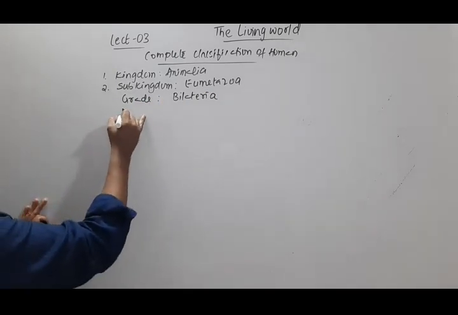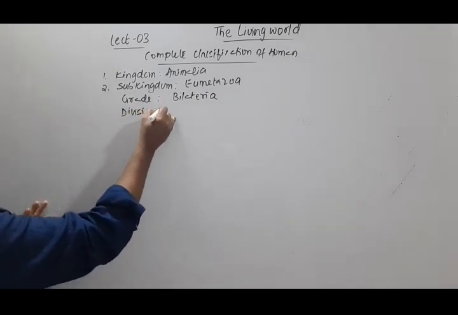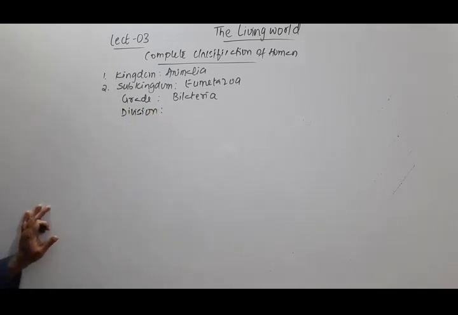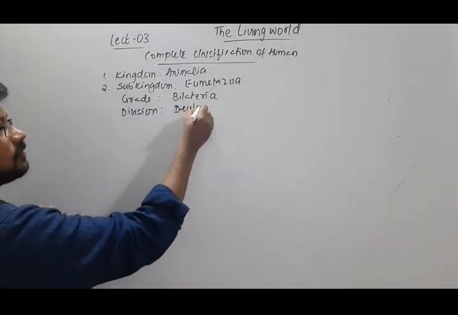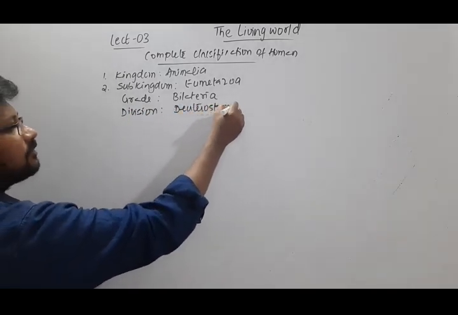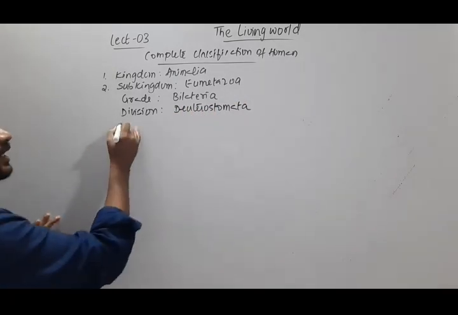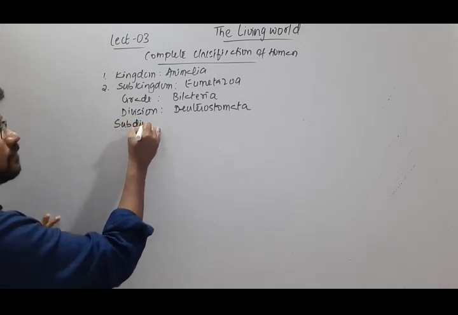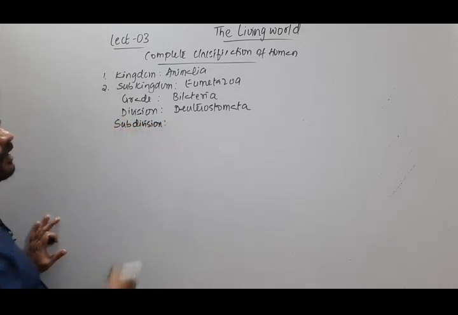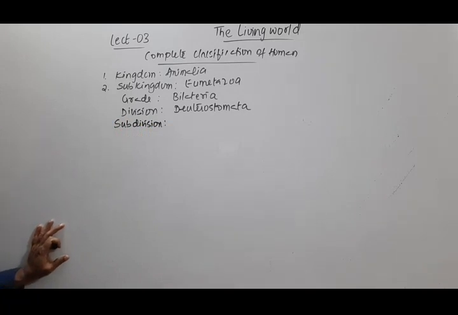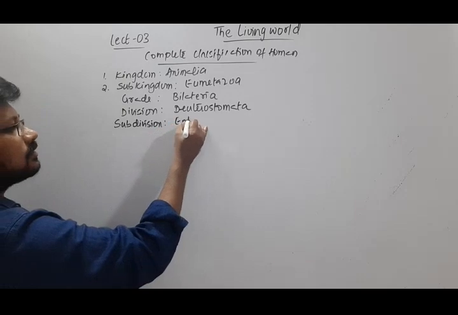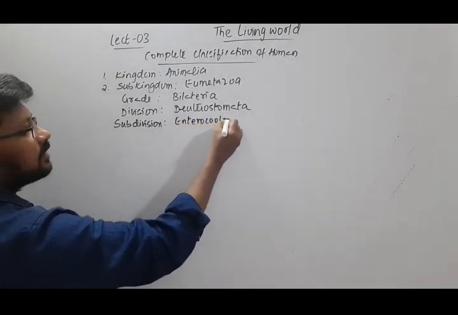And then we have division. Below the grade is the division, and the division is Deuterostomata. Below the division, we have subdivision, which is a subcategory, and it includes Enterocoelomata.